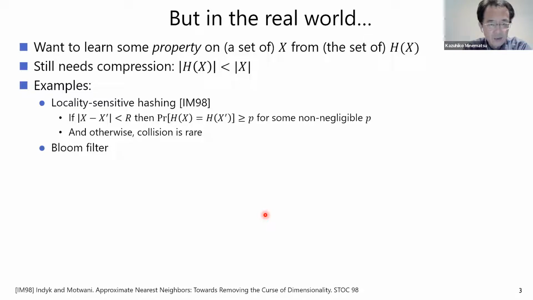It is a hash function such that if two inputs are close in some predetermined metric, then the corresponding hash values will collide with a non-negligible probability p. Otherwise, the collision probability is bounded by a small probability.